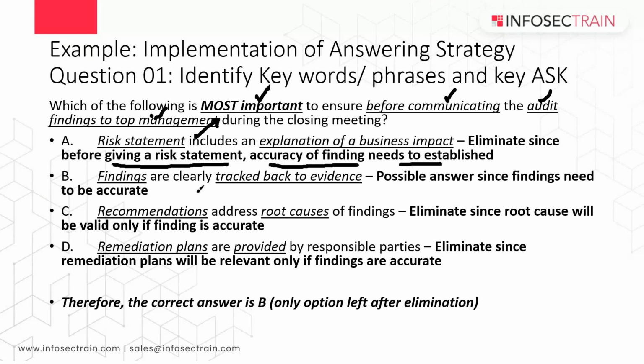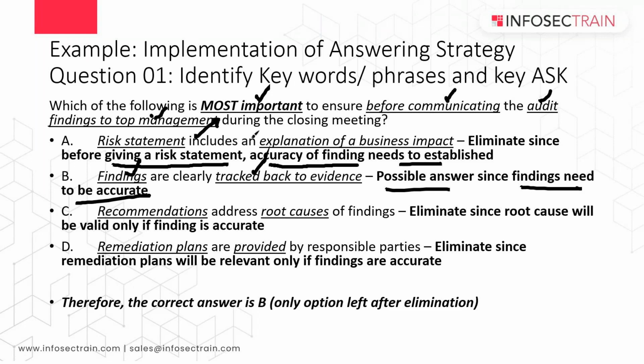So then when we look at option B, keyword is findings, clearly tracked back to the evidence. Now this is a possible answer because findings need to be accurate before they get reported to the top management. Hence, it's a possible answer.